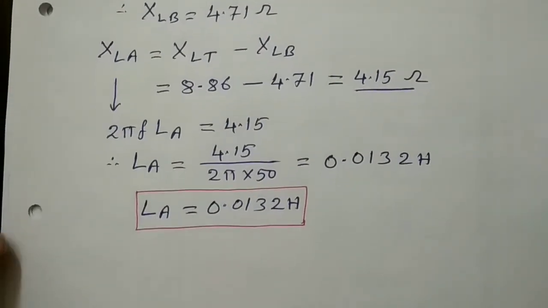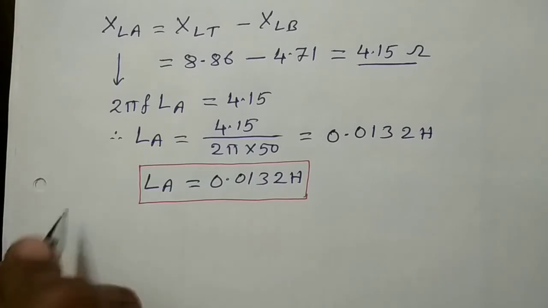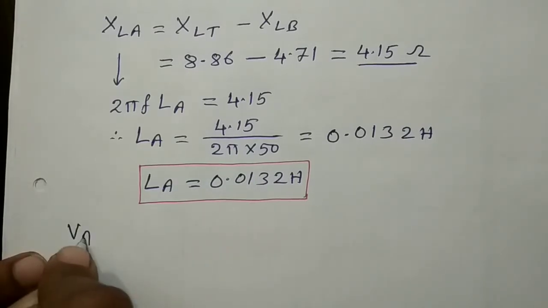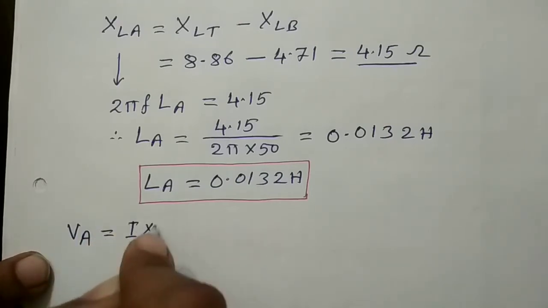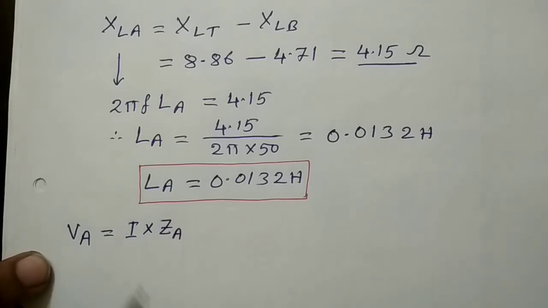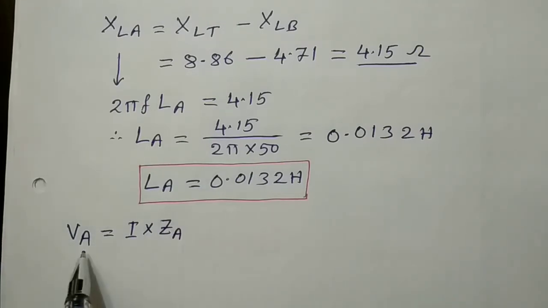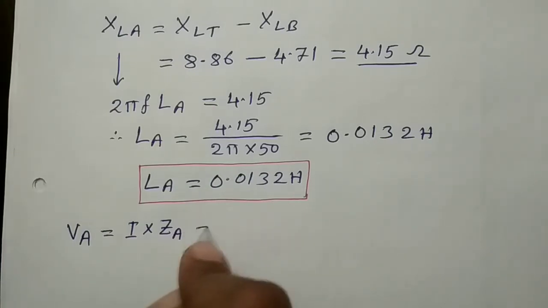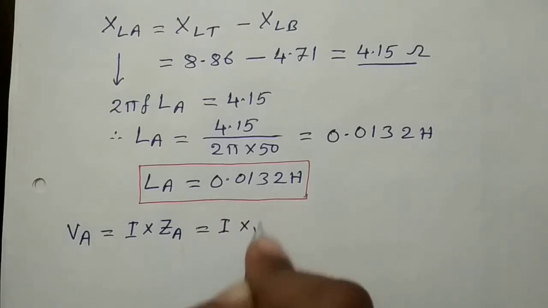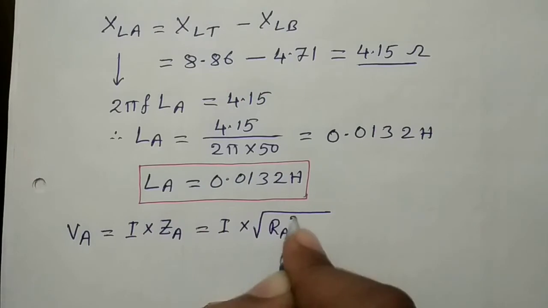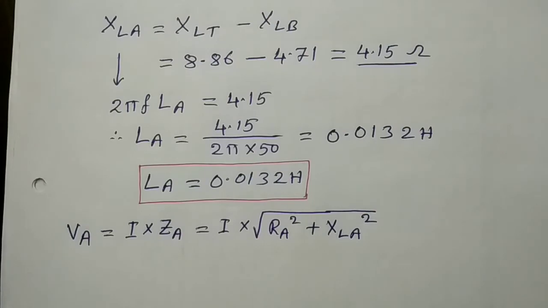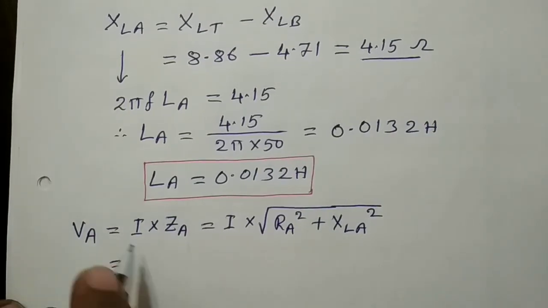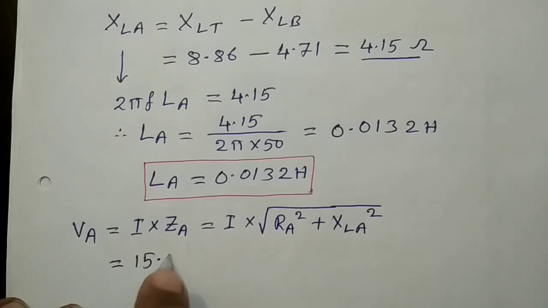The next part is the voltage drop across coil A and coil B. The voltage drop across an element is equal to the current into the impedance of that element. So the voltage drop across coil A is the current into the impedance of coil A. The impedance of coil A can be written as square root of RA square plus XLA square. The current we have calculated is 15.025.